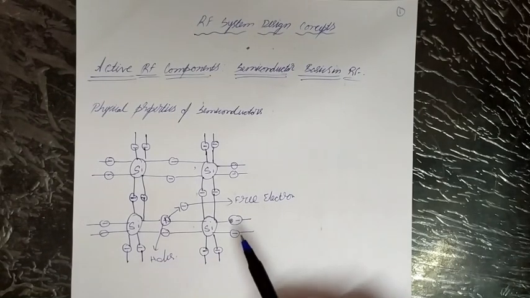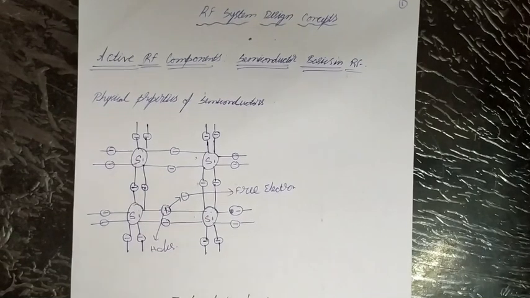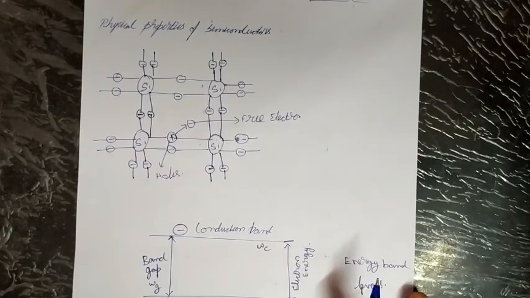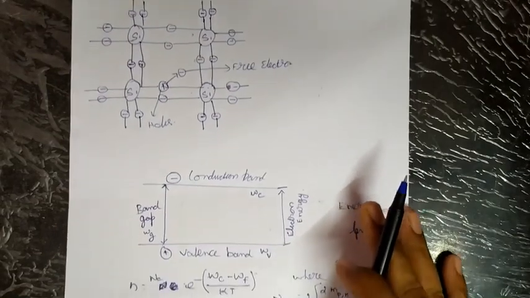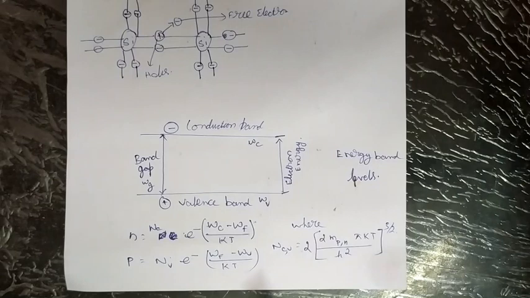In the absence of thermal energy, that is when the temperature is equal to 0 degrees, all electrons are bonded to the corresponding atoms and the semiconductor is not conductive. When the temperature increases, some of the electrons obtain sufficient energy to break the covalent bond and cross the energy gap at a room temperature of 300 Kelvin.